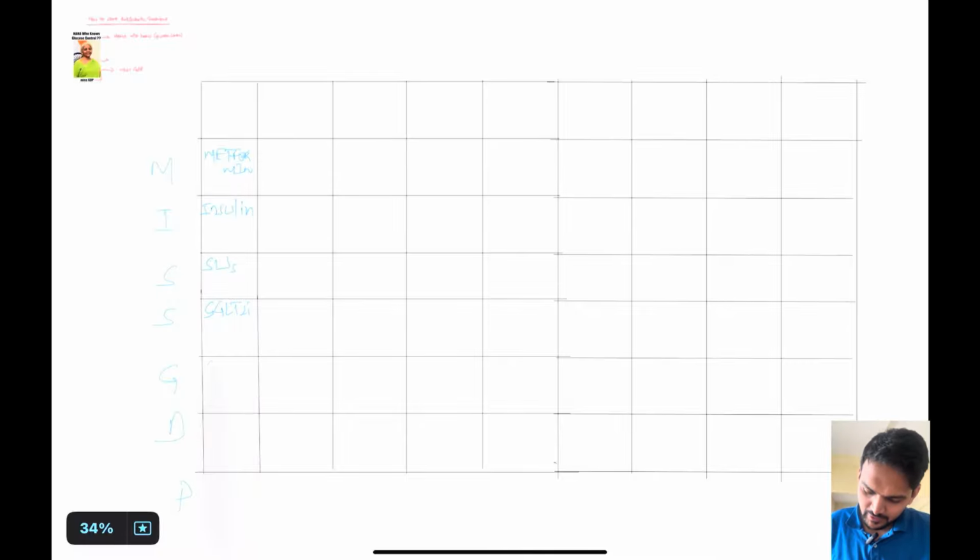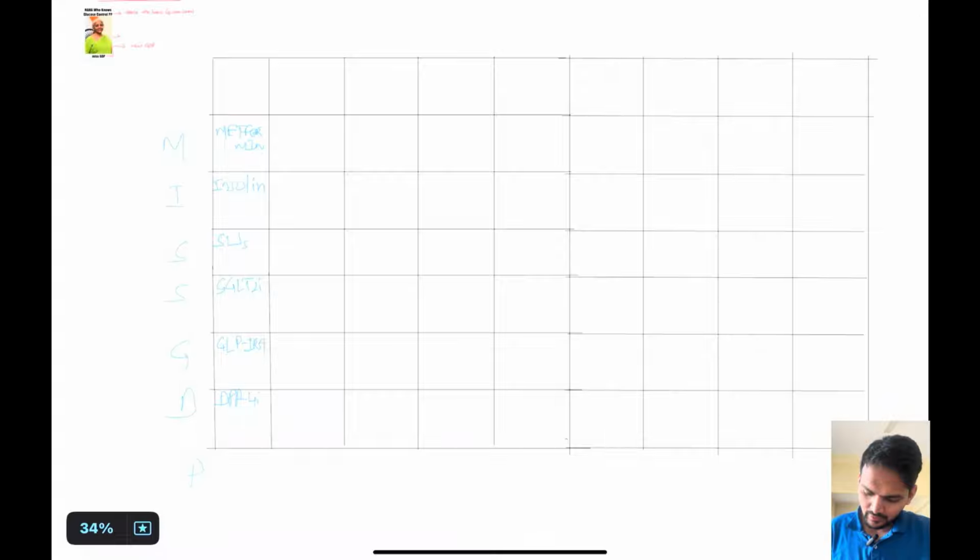G stands for GLP-1 receptor agonists. D is DPP-4 inhibitors. This P, we can consider it as alpha. So just remember, this P is from alpha. That is nothing but alpha glucosidase inhibitor. These are the drugs which we have in the list.